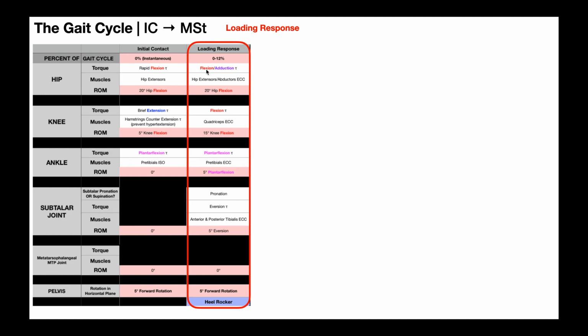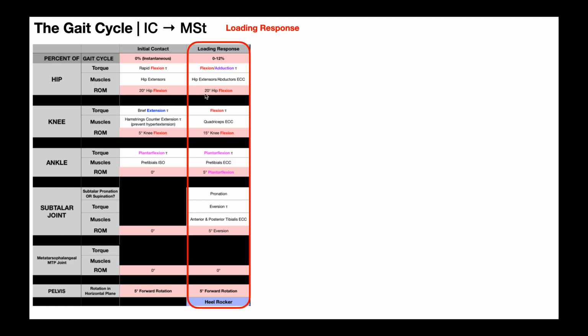So an induced flexion torque at the hip, which would normally cause our hips to kind of buckle down towards the ground in hip flexion, that's going to be counteracted by the hip extensor, so gluteus maximus, right? And then the adduction torque is going to be countered by its antagonist, the abductors. And mainly that's going to be gluteus medius and gluteus minimus, which are going to contract eccentrically.